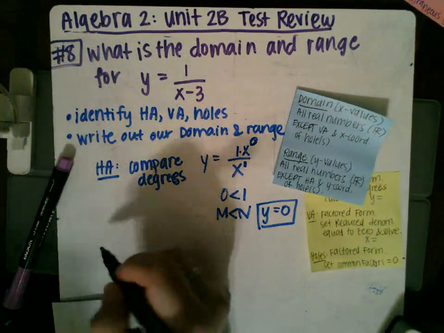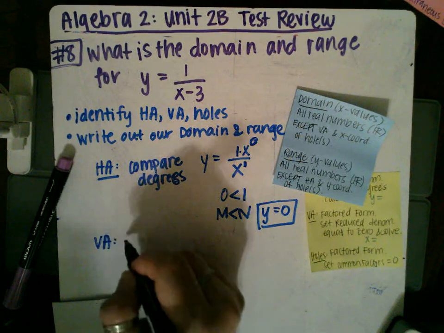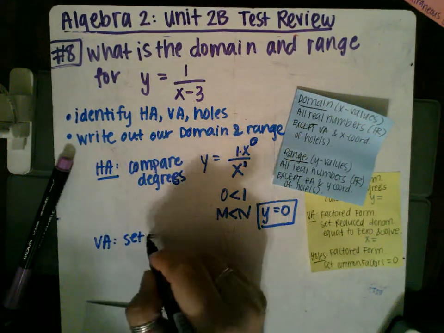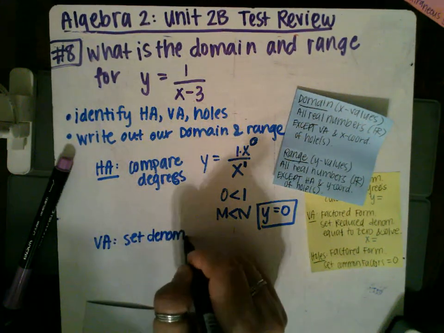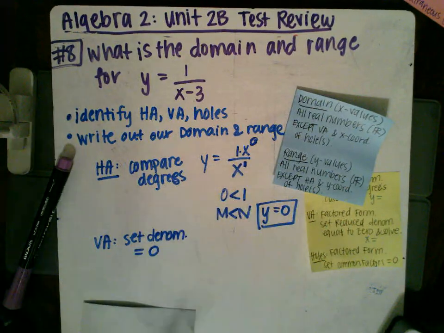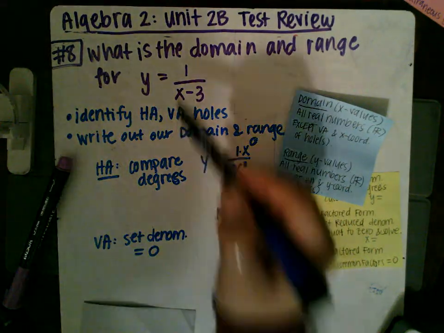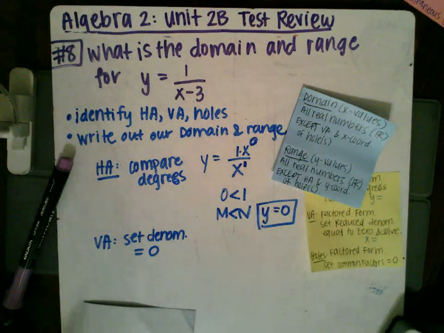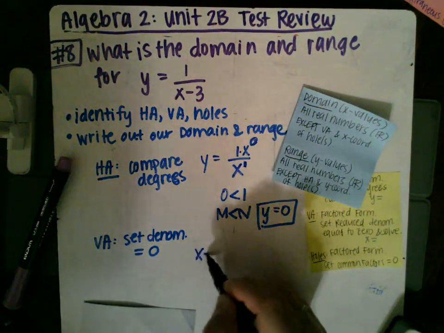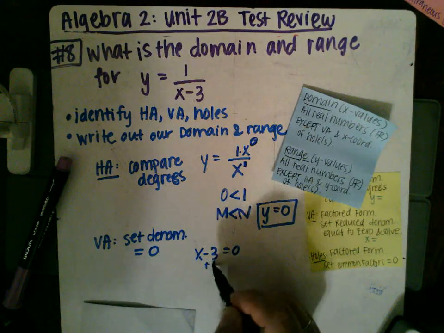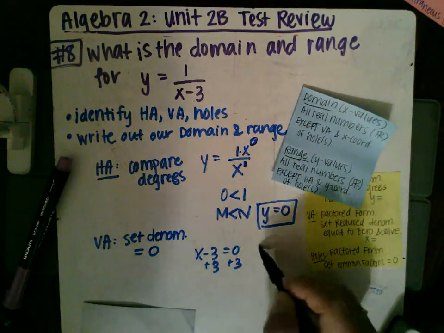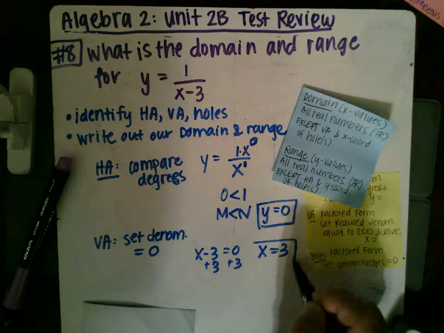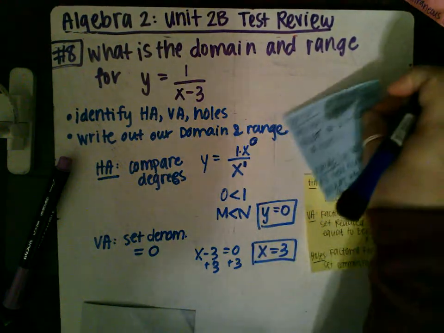For my vertical asymptote, I set the denominator equal to 0 as long as there's no factors to cancel out. There's nothing to cancel here. There's nothing to simplify. So I set x minus 3 equal to 0 and solve for x. I get x equals 3 is my vertical asymptote.